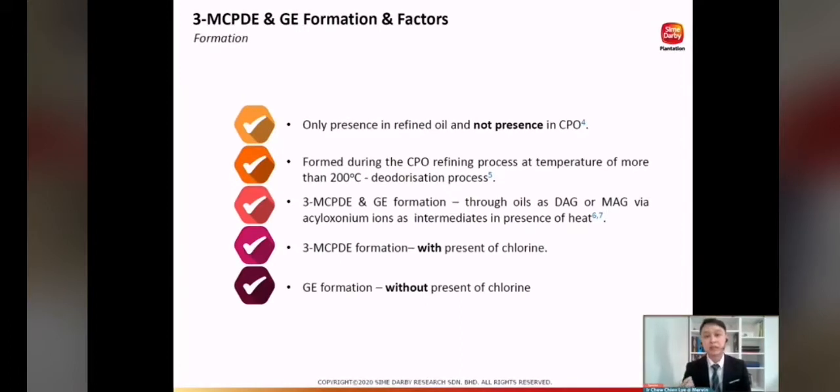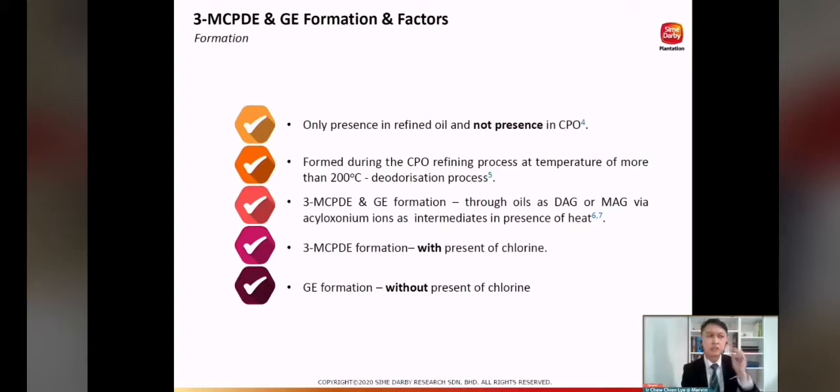So it was suggested that 3-MCPD esters and GE formations are produced through DAG or MAG, with acyloxonium ions as intermediate in the presence of heat. Also, 3-MCPD's formations involve chlorinated compounds. However, the GE does not involve chlorinated compounds.